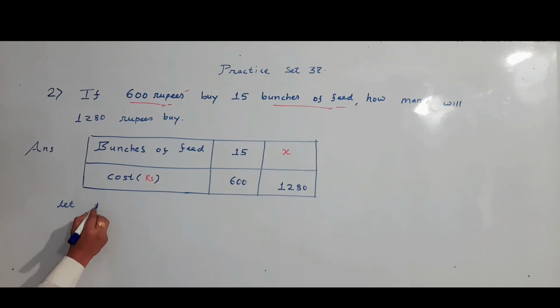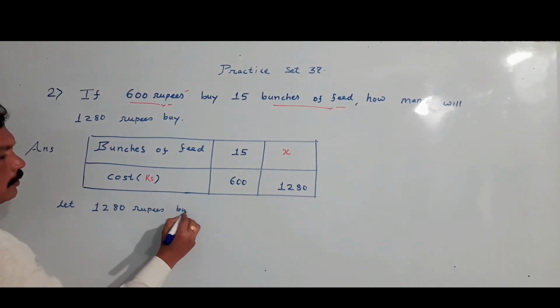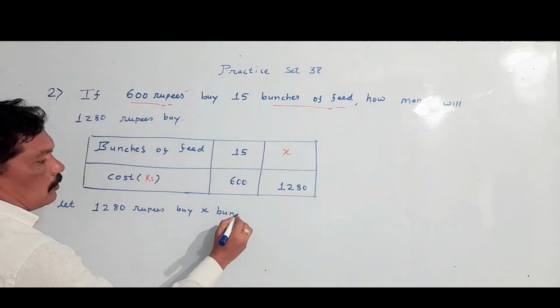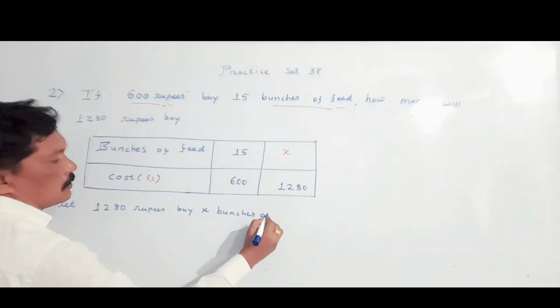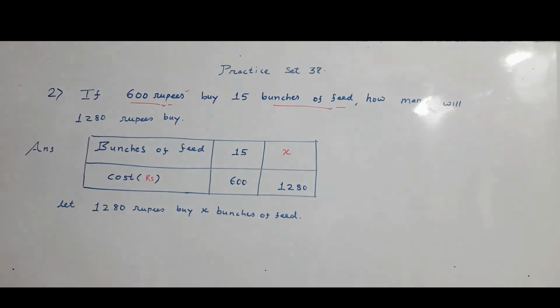Let 1,280 rupees be for X bunches of fodder.